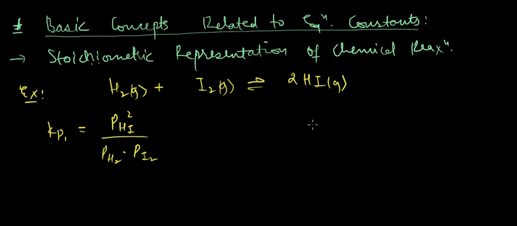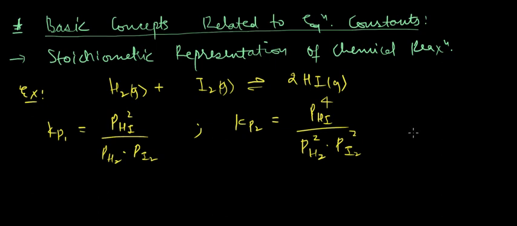And we have Kp2, which is partial pressure of HI to the power 4 divided by partial pressure of H2 squared and partial pressure of I2 squared. So which is basically Kp1 squared.